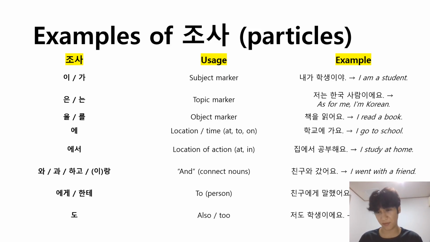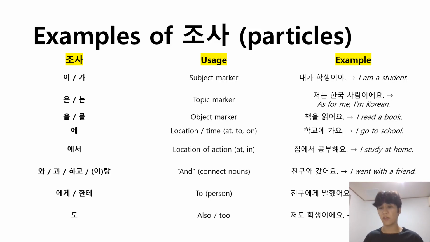I'm not going to talk about that right now, and I'm not going to confuse you. You're also familiar with 을/를, that's an object marker or object particle. In order to make an object in the sentence, we need to attach it to the noun or pronoun. 책을 읽어요, I read a book. A book here is an object. So in order to indicate that it's an object, you can use 을/를 in your sentence.